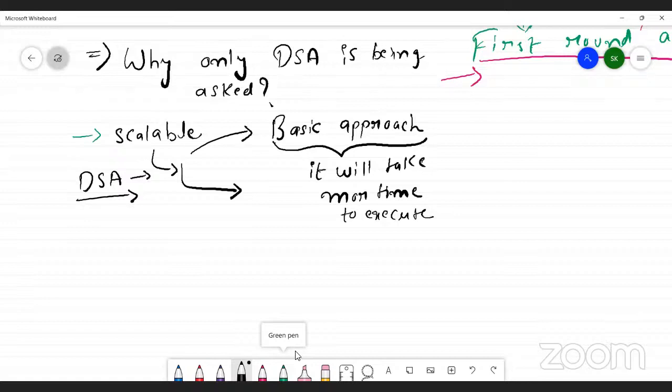Can you write it in a way so that it takes less time to execute? Then you think about the question and you try to modify it, and somewhere you will reach a medium approach, where it's not very basic, but not very optimized.